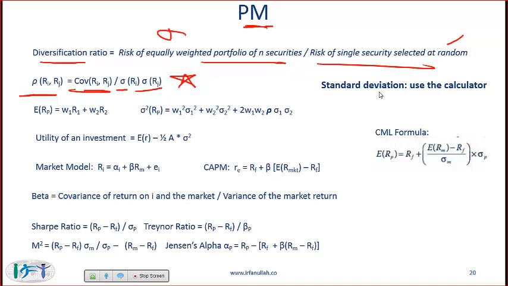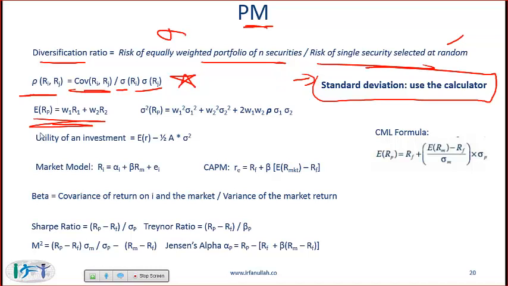Now, in portfolio management, at times you might be given 3 probabilities and you might be given the value for each probability, and then you will be asked to calculate the variance or the standard deviation. So there is a formulaic way of doing it, but my preference is that you use the calculator. So that is covered in lectures.